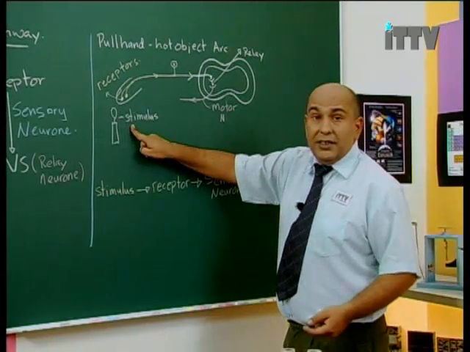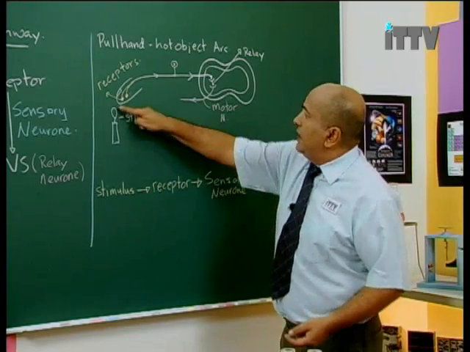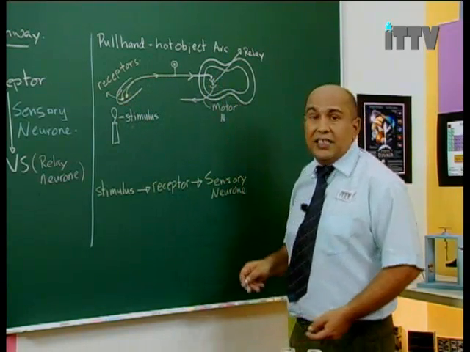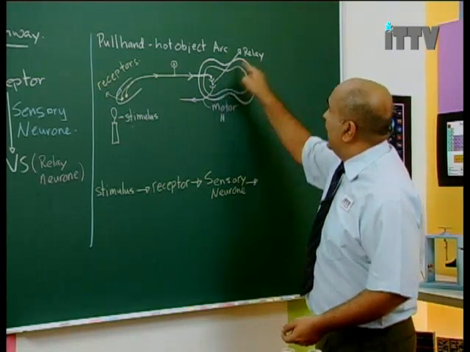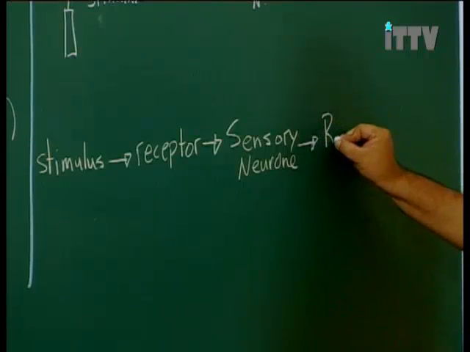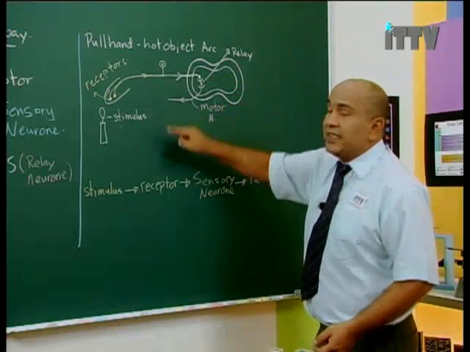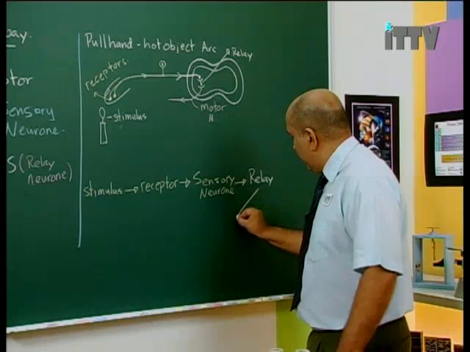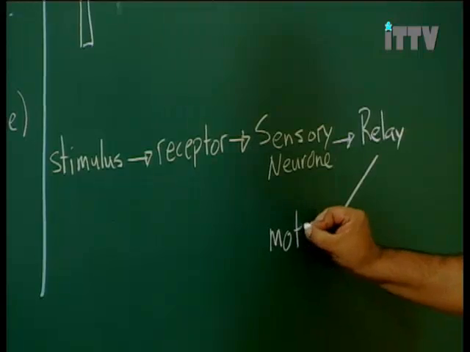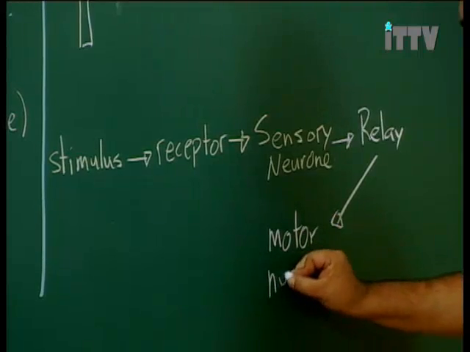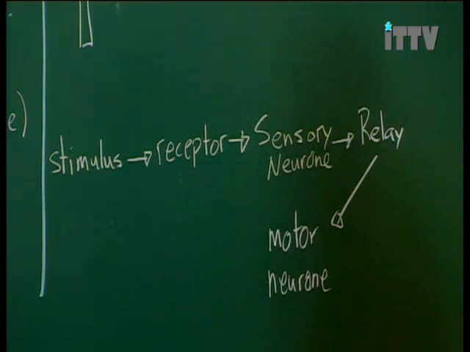Let's fill this in. We've got the stimulus detected by a receptor. The receptor sends the impulse along a sensory neuron. The sensory neuron goes to the relay neuron. The relay neuron sends the message out through a motor neuron.